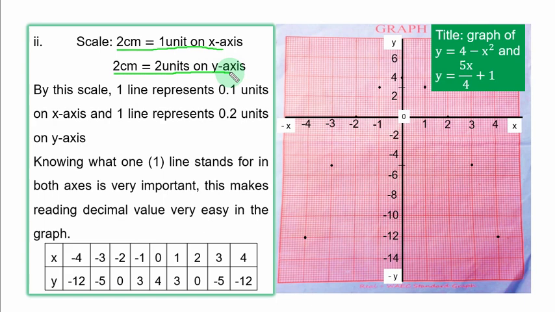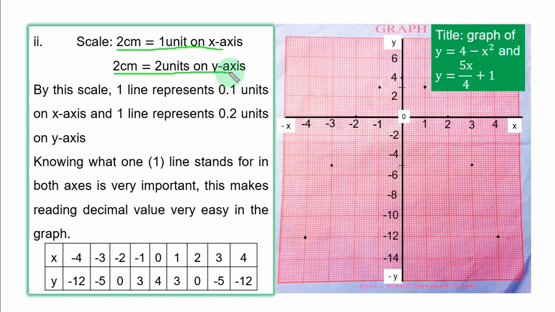If you check the table of values, we have more negative values for y than positive values. So for us to draw the x-axis, we need to look at the values of y. Since we have more negative, you give more space. So you don't just draw the axis anywhere.